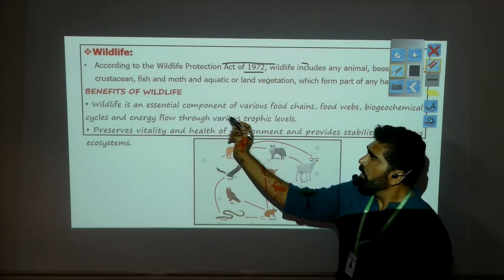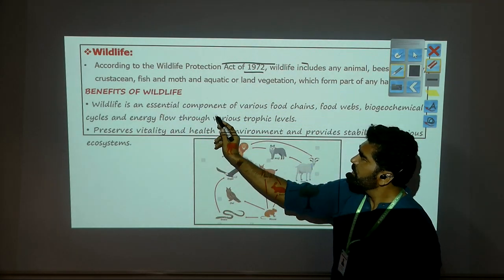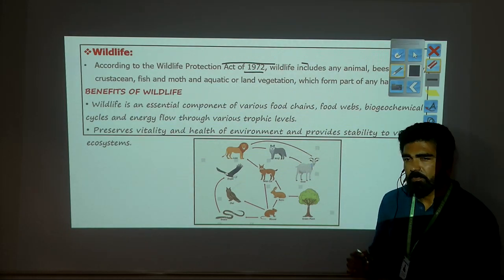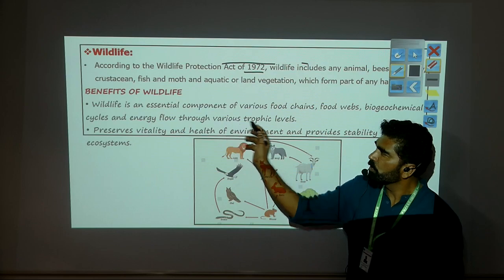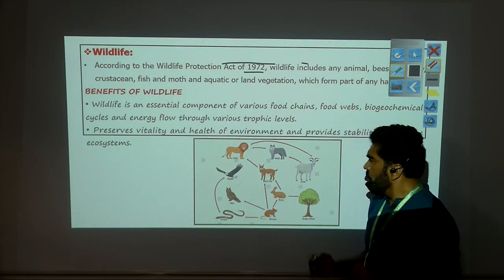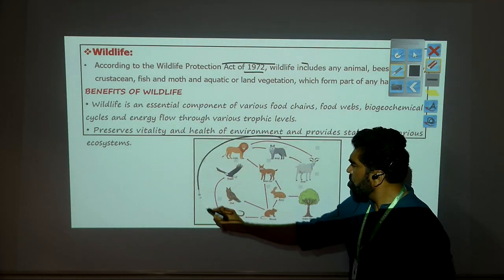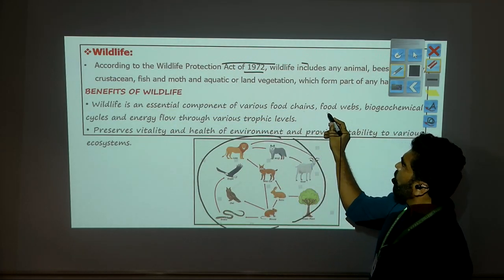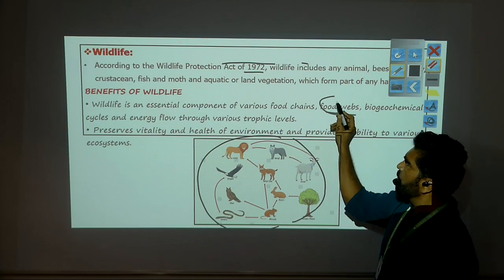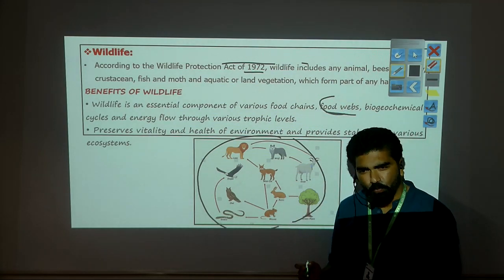The wildlife is an essential component of various food chains, food webs and biochemical cycles, and energy flows through the various trophic levels. In this diagram, you see the food web. A food web is made up of various types of food chains.